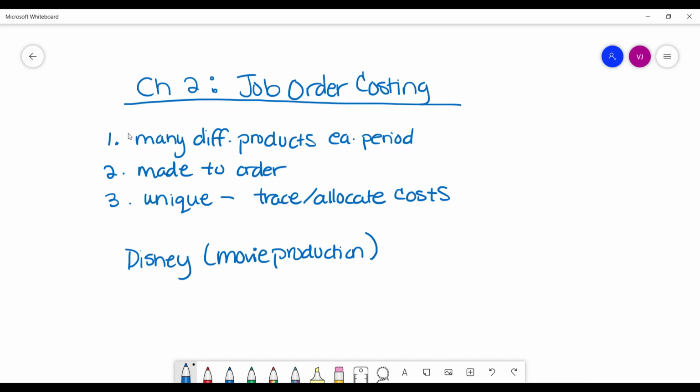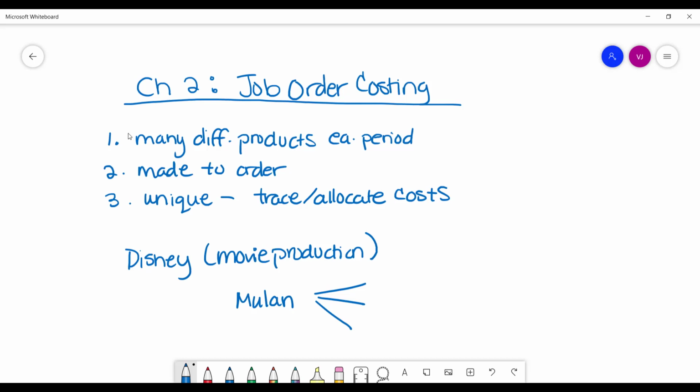Each movie is going to have a different mixture of costs that go into actually producing it. Let's say, for example, the new Mulan movie that came out. There are a lot of different costs associated with getting that movie from just a concept to complete and ready to be made public.